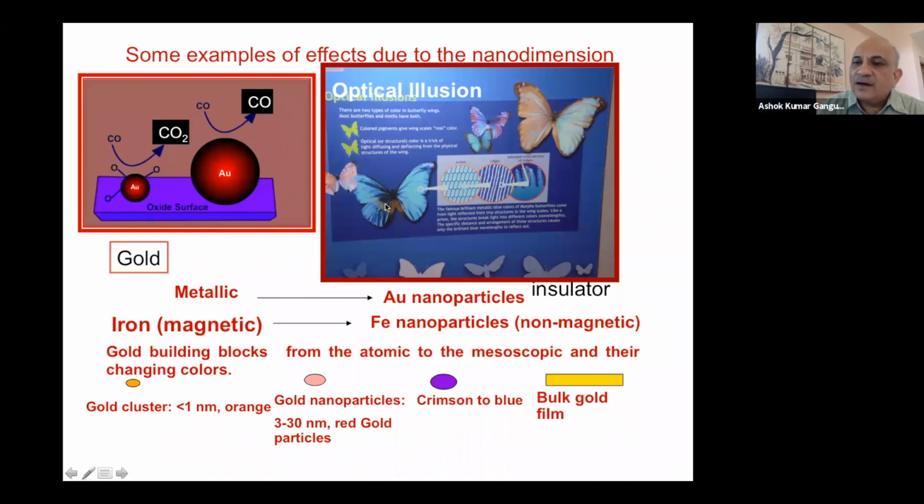You can have different color butterflies because the size of structures on their wings changes from a few nanometers to more nanometers, and it scatters light of different wavelengths. So it becomes blue or brown in color, depending on the pore size in the wings of the butterfly. And this is natural, but we can make it in the lab.